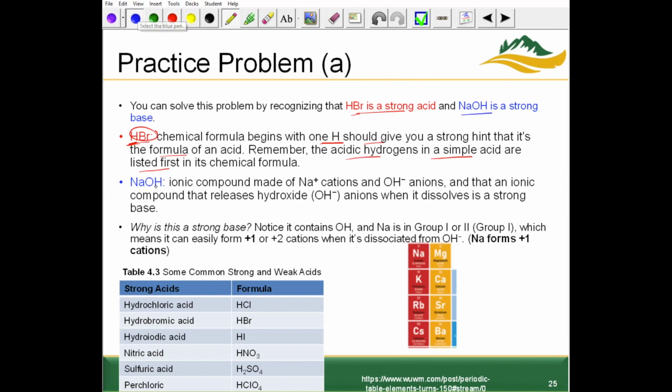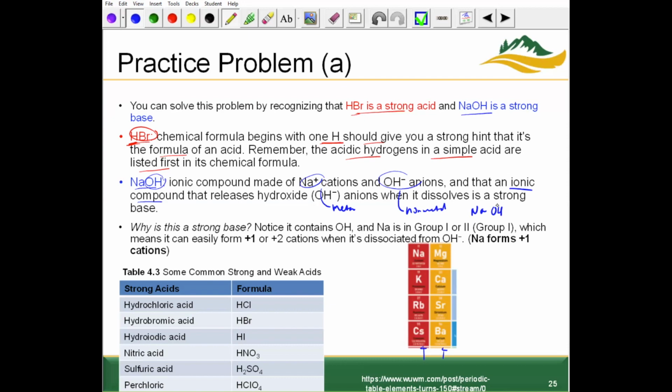Sodium hydroxide is either a group 1 or group 2 metal with OH minus. So this is a strong base. It's made up of Na+ cations and OH- anions. It's also an ionic compound, because here is our metal and here is our nonmetal, and all together they're in the form NaOH.